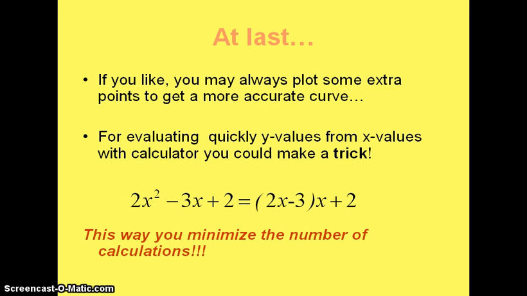But at the end, I wanted to show a little trick to calculate other points for a more accurate curve. Suppose that you have the same function and have a number like x equal 5.